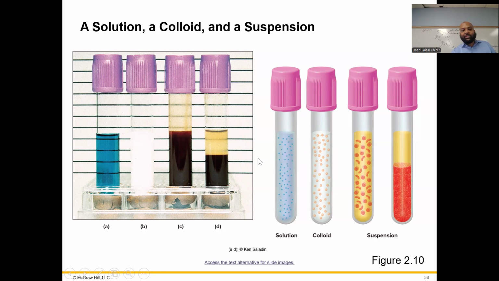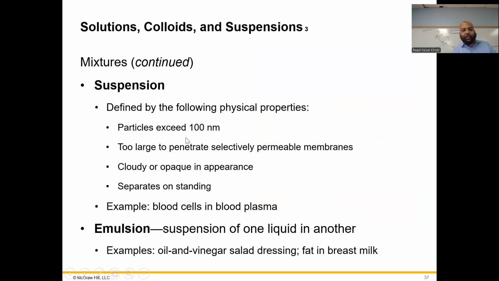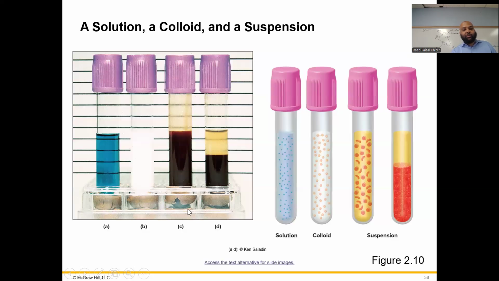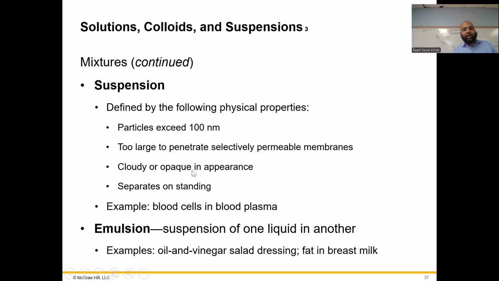But a suspension, you have really thick red blood cells. It has really big particles, too large to penetrate the selectively permeable membranes. And that's like red blood cells in blood plasma right here. That's an example of a suspension.